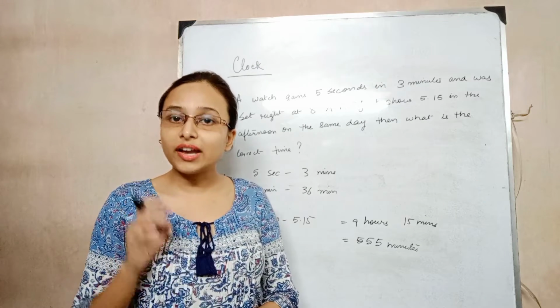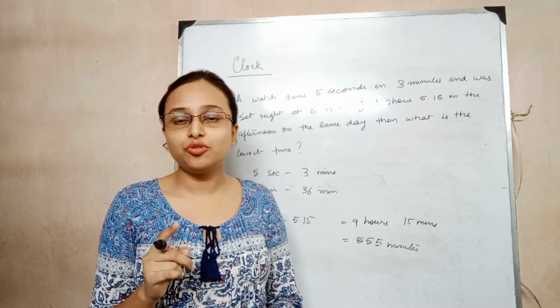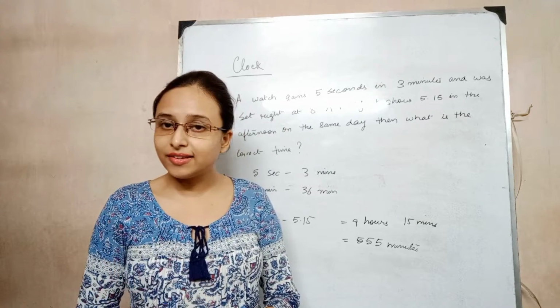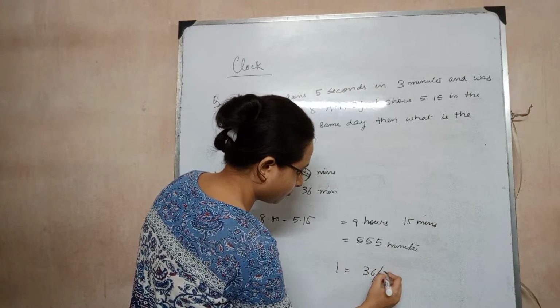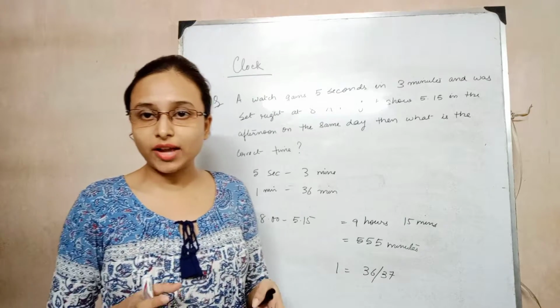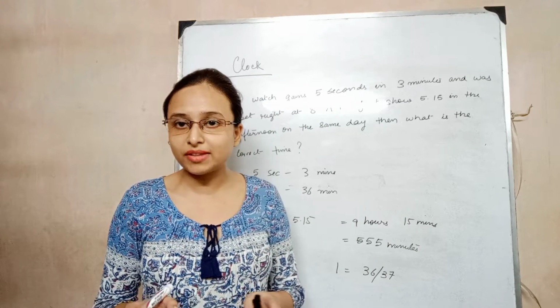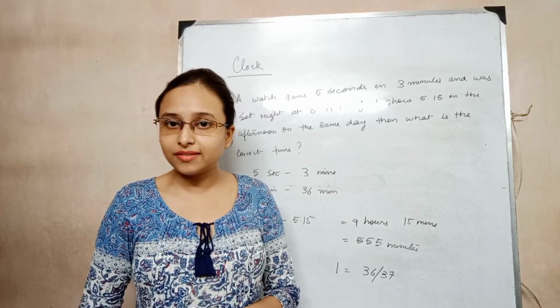Now when the incorrect watch moves for 1 minute, correct watch moves for 36/37 minutes. Right? As per the ratio calculation, that is a unitary method, I'm talking about. So 1 is equals to 36/37.